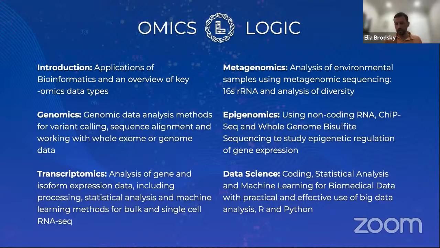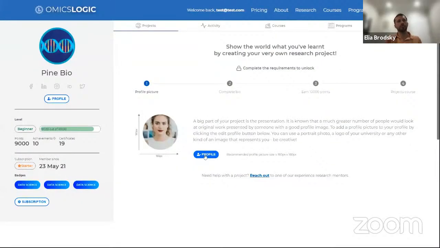Ultimately, after that, you get an opportunity to use our Learnomicslogic portal to develop and submit your project and get feedback along the way. And so the process that we have is that, first of all, you have to earn a certain number of points. You have to update your profile and really create a profile that you can share, and then go through these steps to start submitting a project.